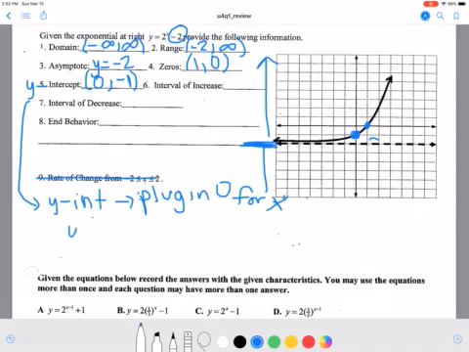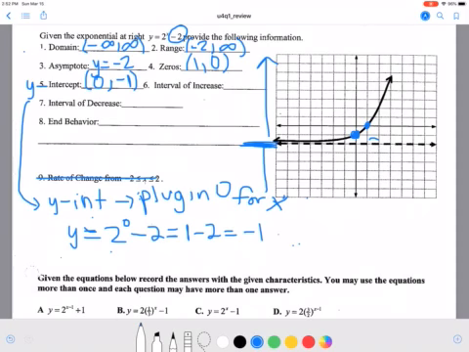When we do that, we get y equals 2 to the 0 minus 2. Remember, anything to the 0 power becomes 1. So we have 1 minus 2, which is negative 1. And remember, that's just to remind us how we can find it when it's not perfectly on a point like this one is. Okay?